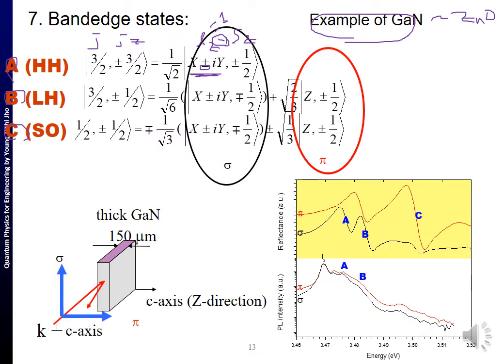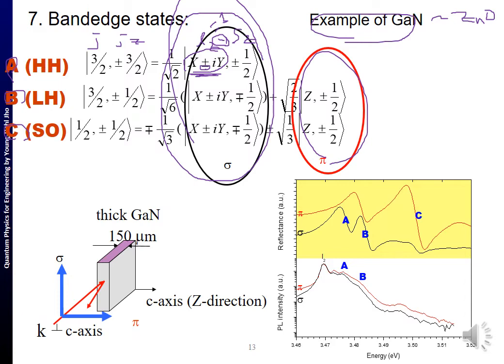So the previous representation is repeated, but we just change it into linear momentum representation here. This is the case when the linear polarization is along the XY plane. You can excite this part. When your linear polarization is aligned along the z-axis, you can excite this part.